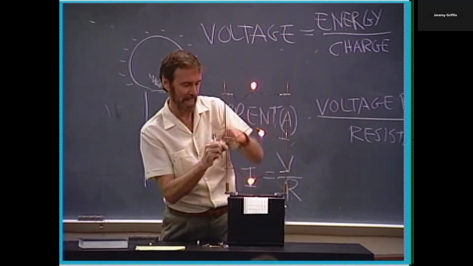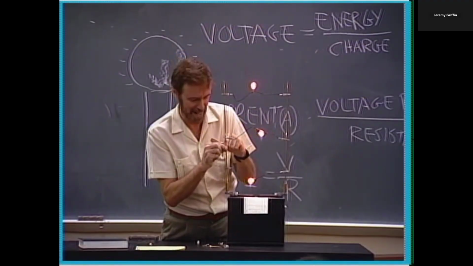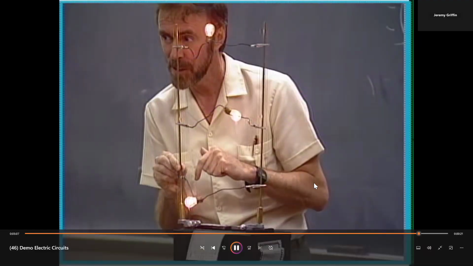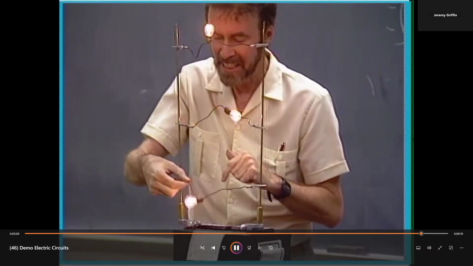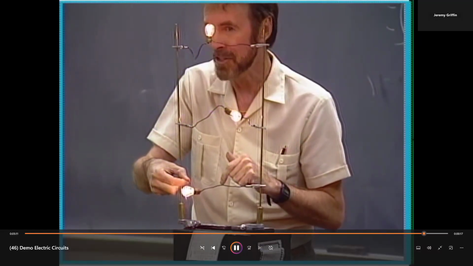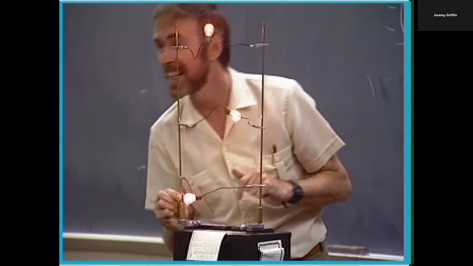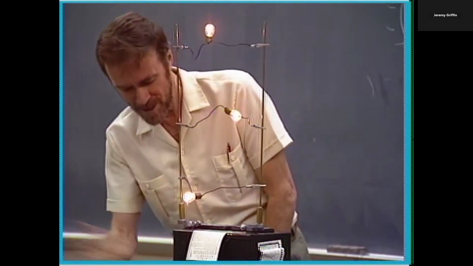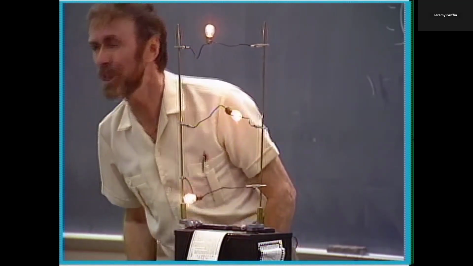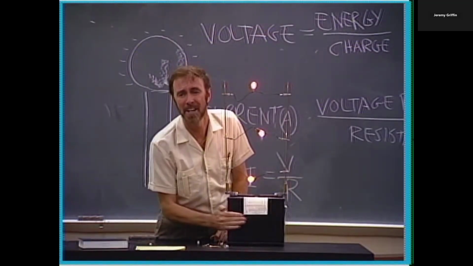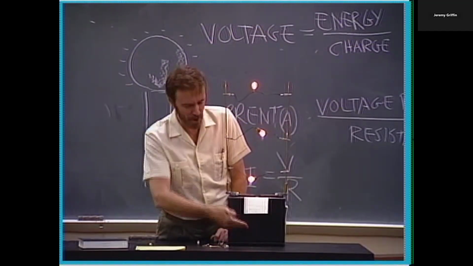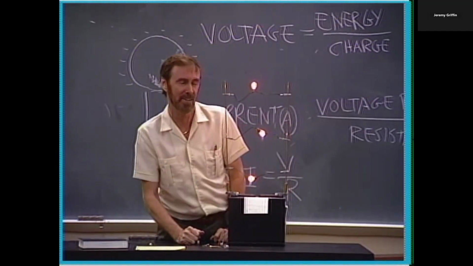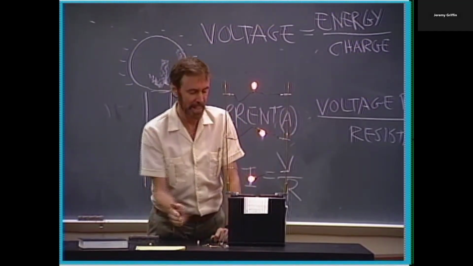You get the 12 from here, and you get the 12 coming down this street. How many through here? 24. How many through here? 12. How many through here? 36. How many through the battery? Who's getting tired? The battery. More energy going out now, more power going out. You get it? Okay? Think about these ideas.